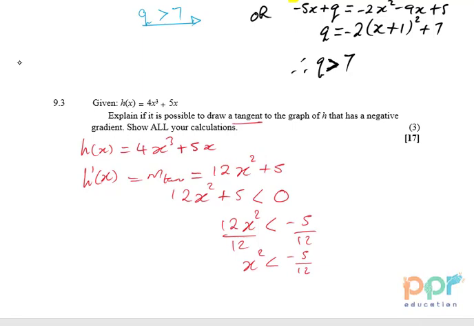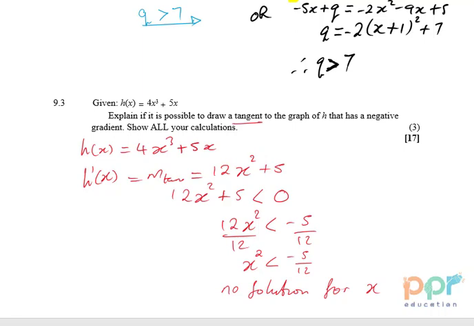Now I've got x squared here. Since x squared, x would be a square root of a negative number, so there is no solution for x. I don't have a solution for x, because there is no square root of a negative number.